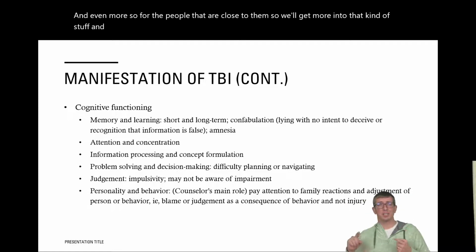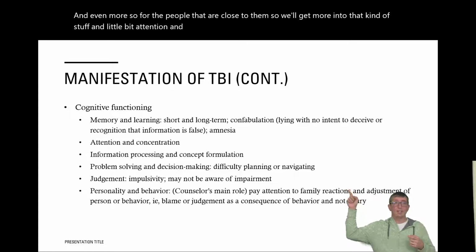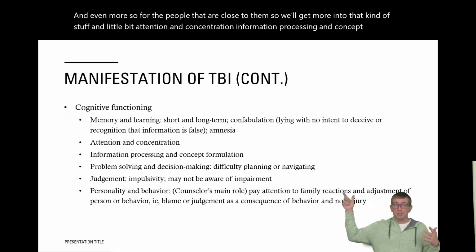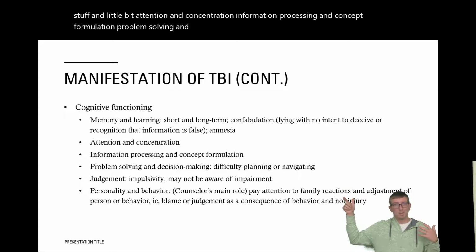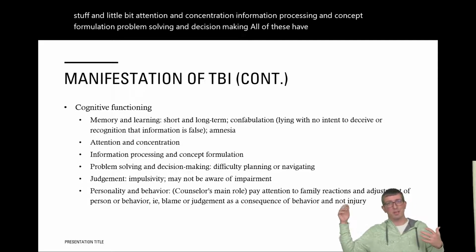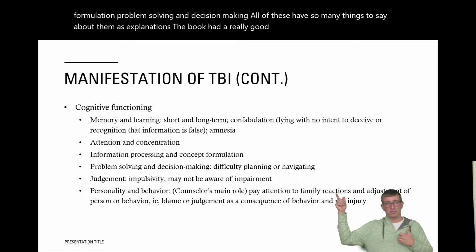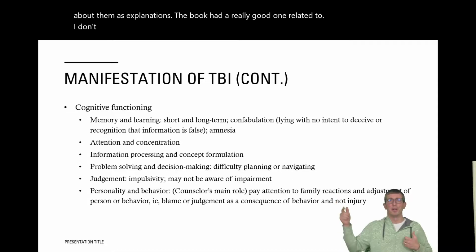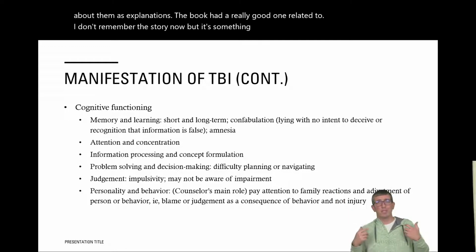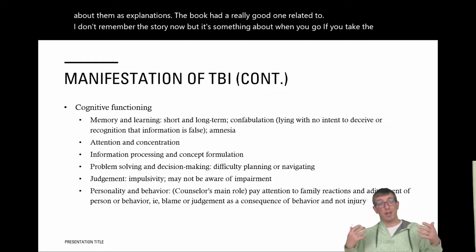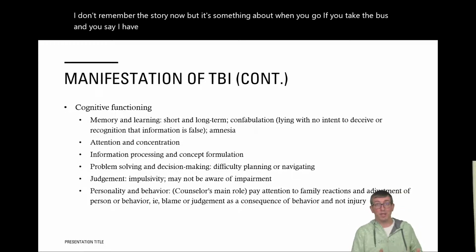Attention and concentration, information processing and concept formulation, problem solving and decision making. All of these have so many things to say about them as explanations. The book had a really good example, I don't remember the story now, but it was something about when you take the bus and you say, okay, I have $5, I'm going to take the bus, I'm going to go grocery shopping.